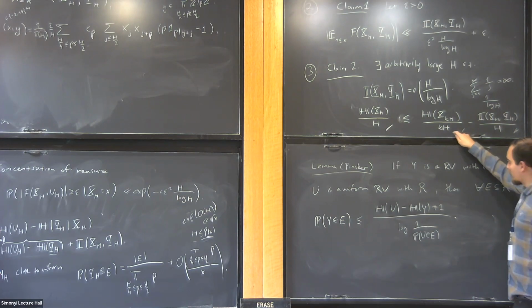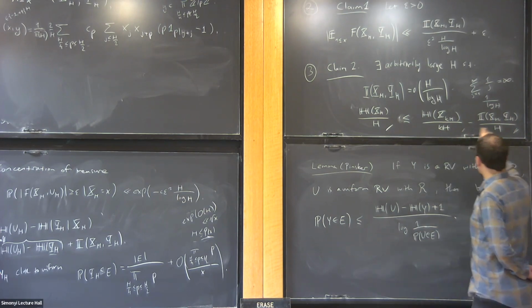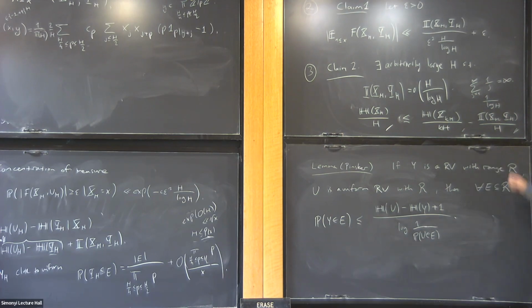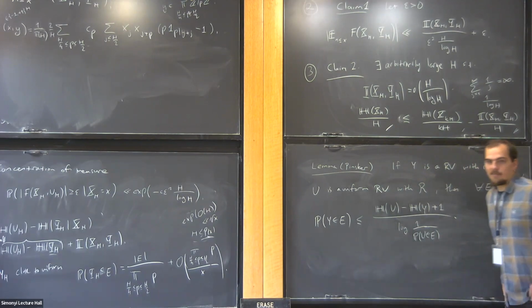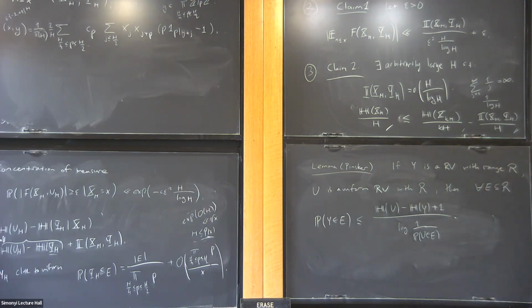And by telescopic summation, these mean entropies would cancel out, and you would just get a sum of 1 over log H, which would be too large. It would be something tending to infinity, whereas the other side would be bounded. And that's a contradiction. So it's just a few lines of calculation involving the entropy inequalities to check this.